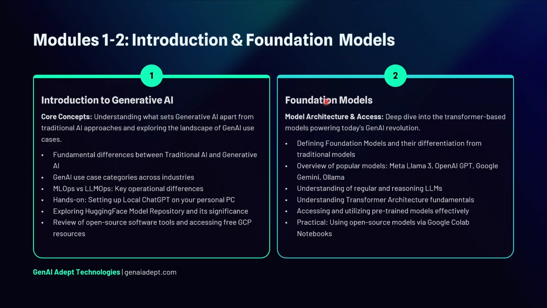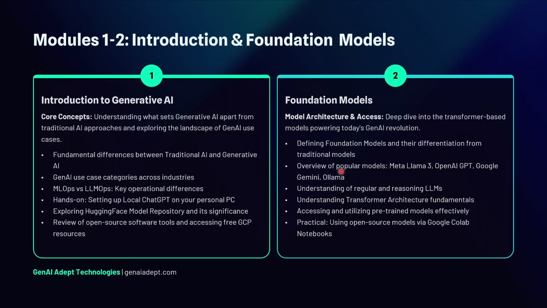In module two, which is foundational models or frontier models, we'll go through what are the foundational models or frontier models. They are trained with billions of data for general purpose use cases. Apart from that, we'll go through what is the difference between regular LLMs and reasoning LLMs, why parameters matter.